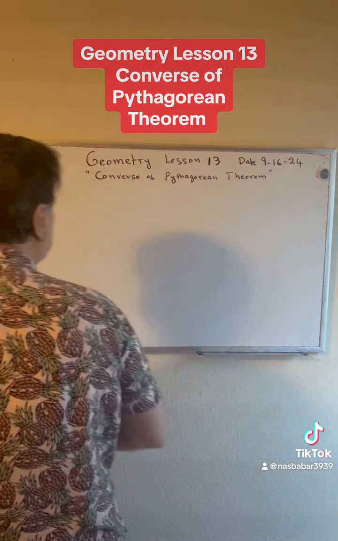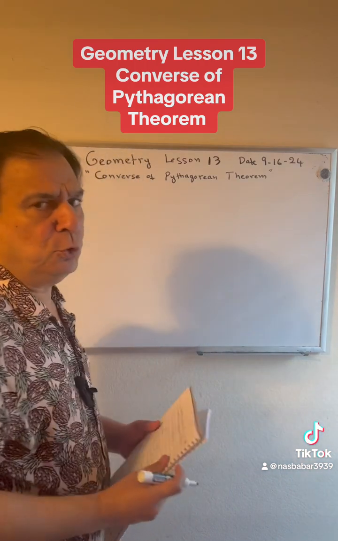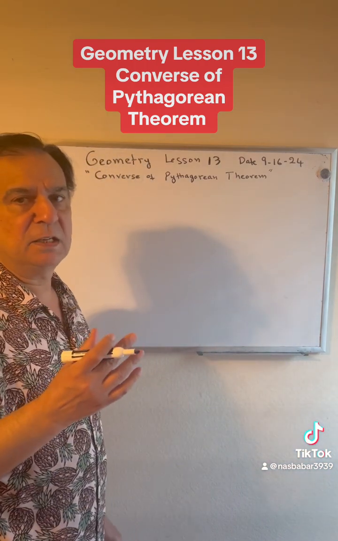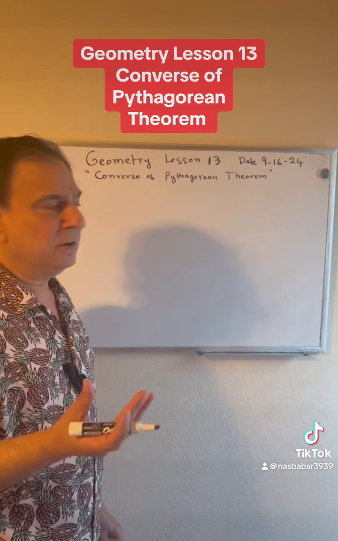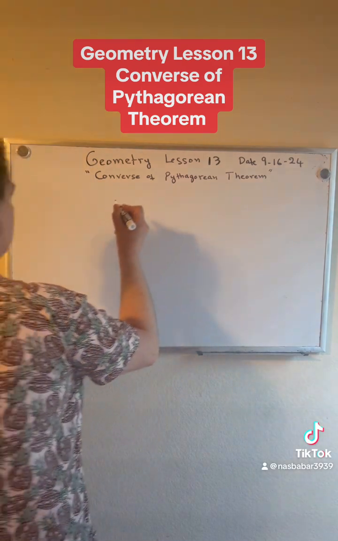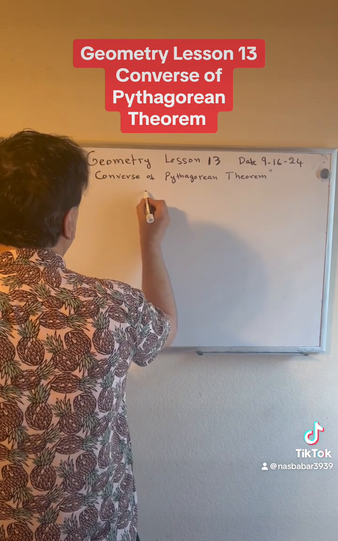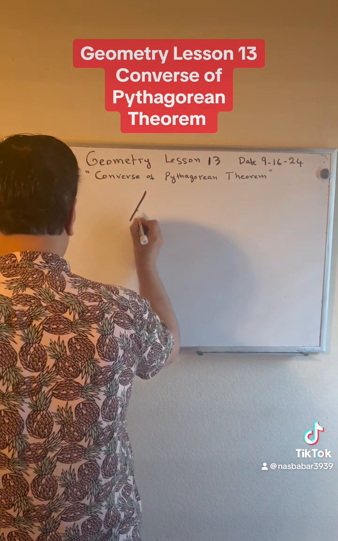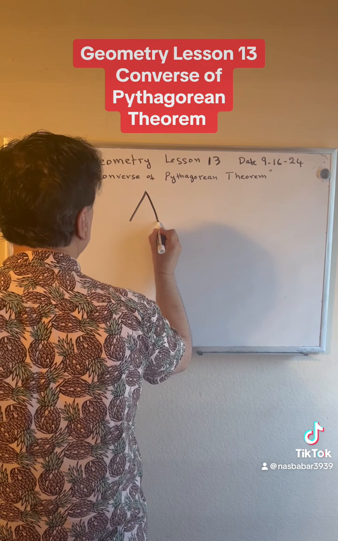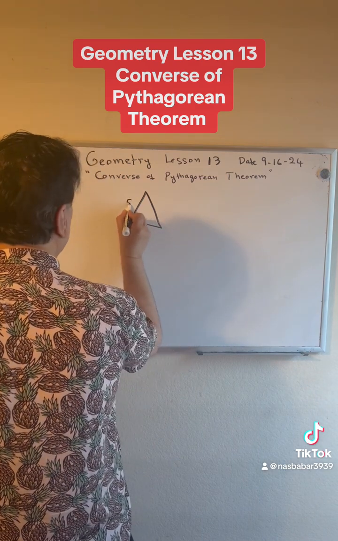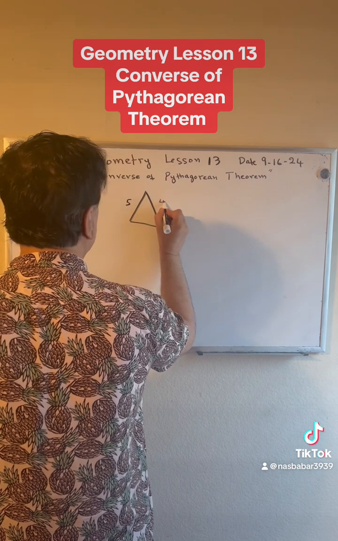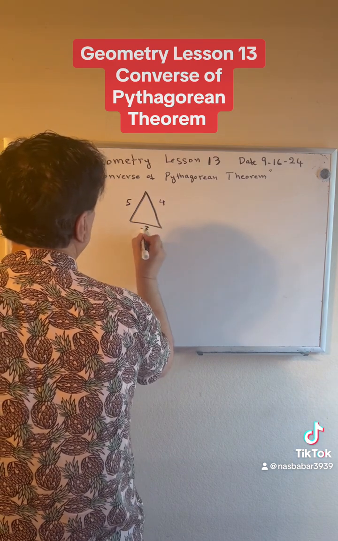Let's say you don't know if this triangle is a right angle triangle or not, but I put something on the board and say this right here is 5, this is 4 and this is 3.